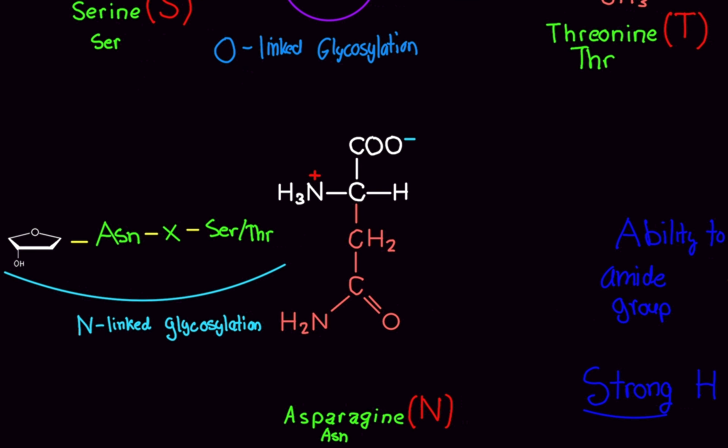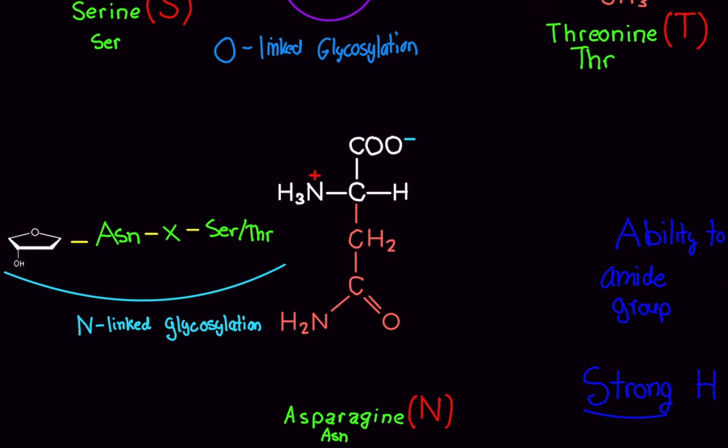Okay, let's talk about asparagine. Asparagine, or N, can do something called N-linked glycosylation. Let me explain what this is, because it's very important for you to know. Glycosylation is when this amino acid can bind with a sugar. This can only happen when asparagine is first bonded with another amino acid.